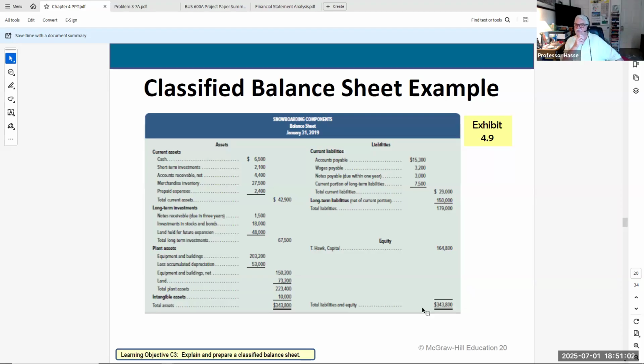I'm going to ask you to do a classified balance sheet, breaking down the assets into short-term and long-term, breaking down the liabilities short-term to long-term. That's a key. And I'm going to be looking at that. Here's an example from your textbook that shows that example. And we're going to practice that example over the weekend.